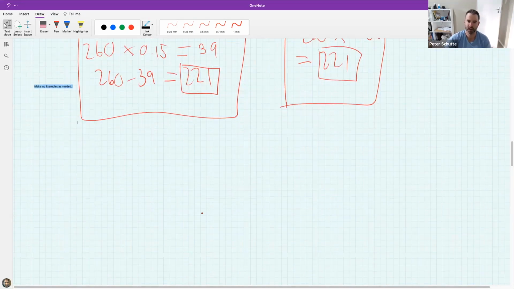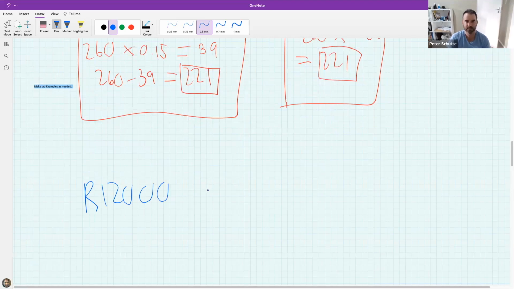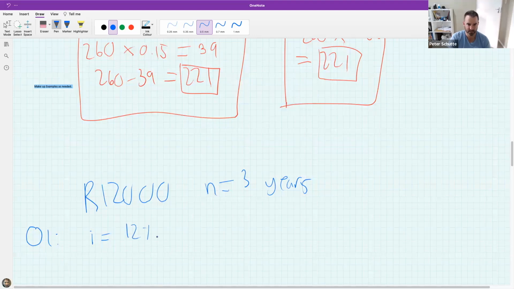So before we have our break, I want to give you two situations. The situation is as follows. You've got 12,000 Rand in the bank, and you're going to let it grow for 3 years. Option number one is that you are given an interest rate of 12% compounded monthly.